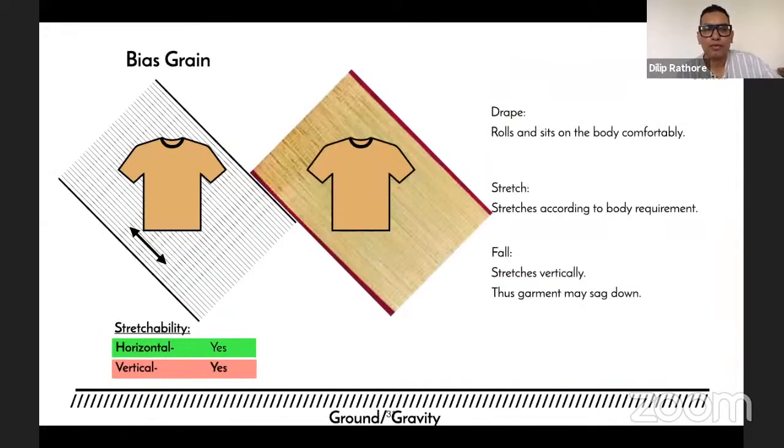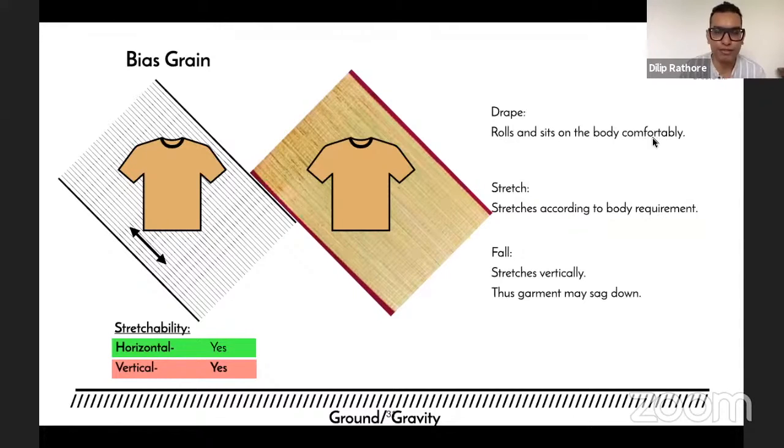Now, coming to the third grain, which is the bias grain. Bias grain rolls and sits on the body really comfortably. It stretches according to the body requirement. These two are what we require.